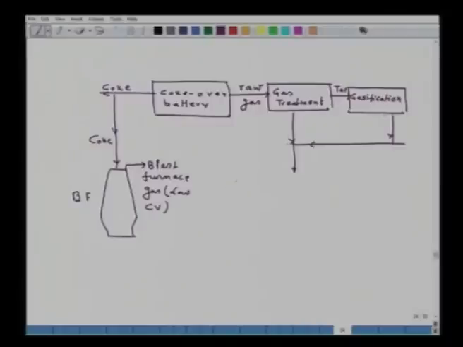So now it can be used for several purposes. For example, electric power. One can generate electric power. Now remember, if from this you are generating electric power, then earlier when you are using fossil fuel for generation of electric power, now you are saving the fossil fuel.